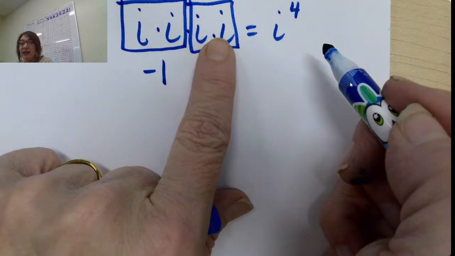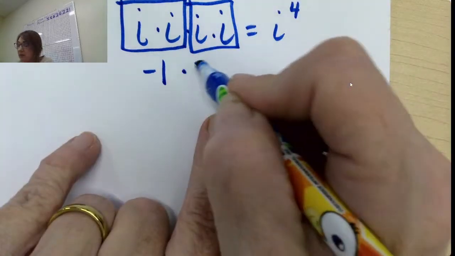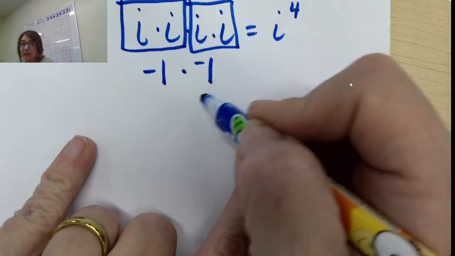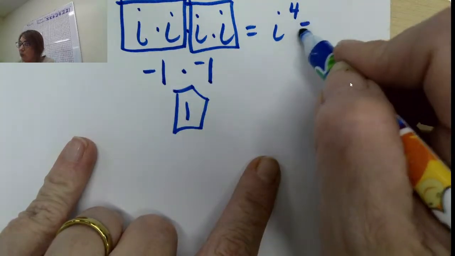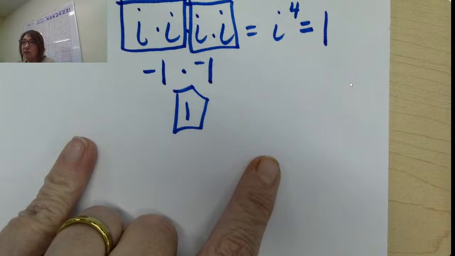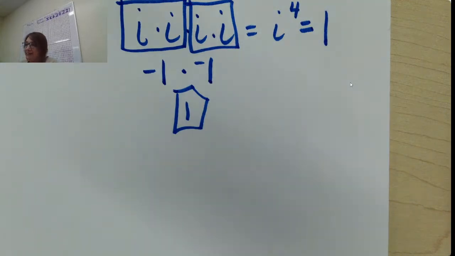I times I squared, negative 1. What's negative 1 times negative 1? Positive 1. So I to the 4th power is equal to 1. So I to the 5th equals I.